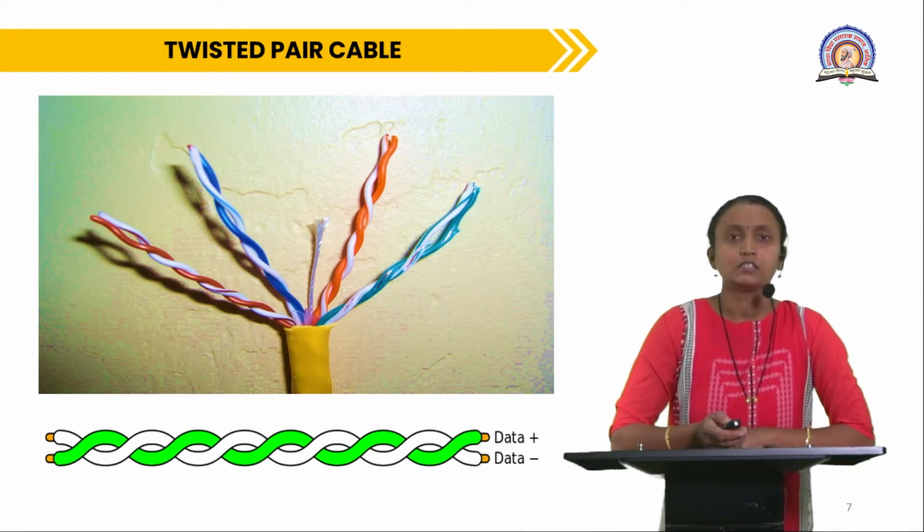Twisted pair is distance limited, which means if the distance increases, attenuation automatically increases, and if the attenuation increases, the quality of signal transmission decreases. Hence we can say that the twisted pair cable depends on distance.